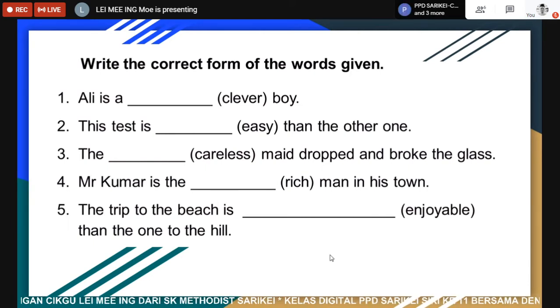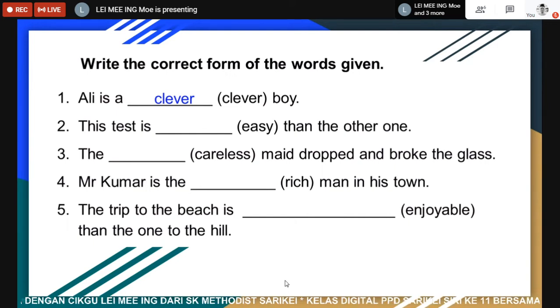Good. The answer is clever. So here, clever is an adjective, since we don't have the or then behind it. You just copy the same word here. Well done.